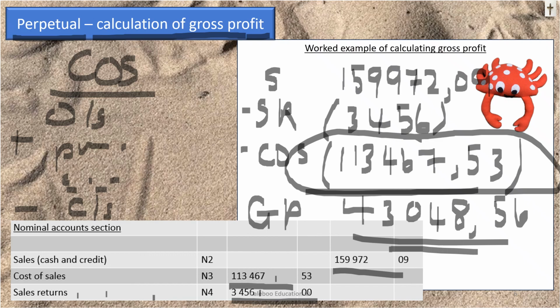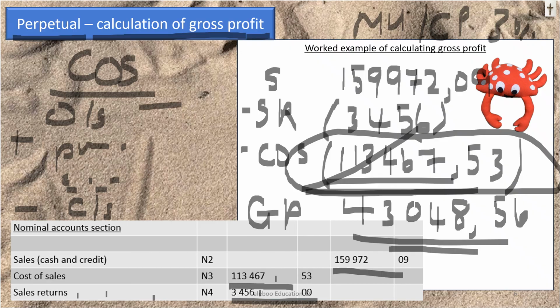But we're going to have a look at how to deal with that in the next video. So perpetual, you calculate cost of sales after every single sale. They normally give you a markup on cost price as a percentage, 30%, and you do the maths.